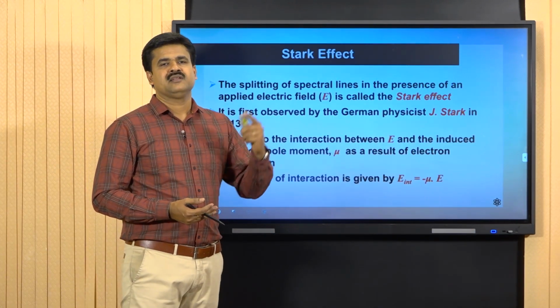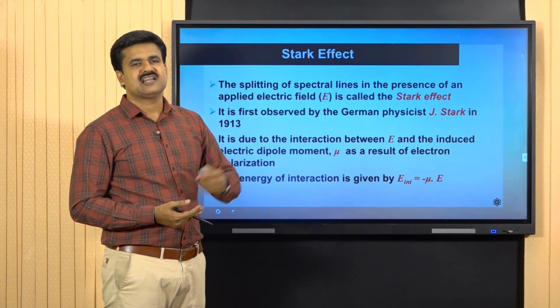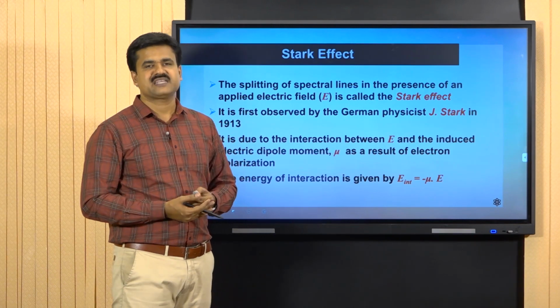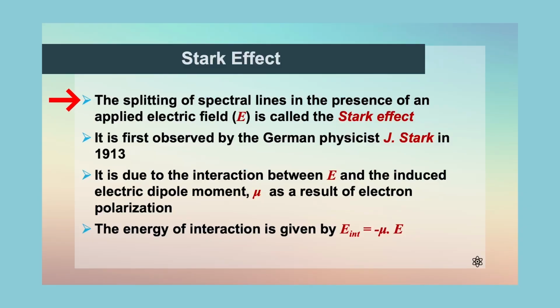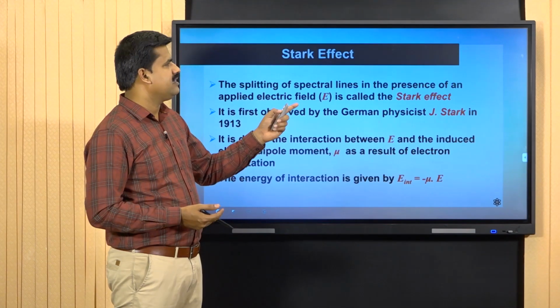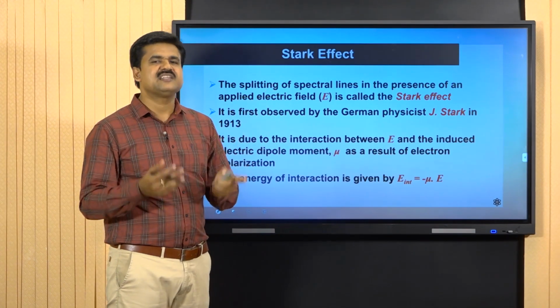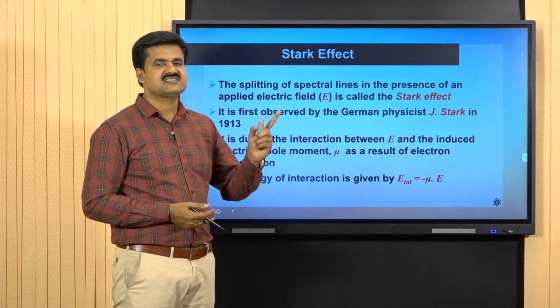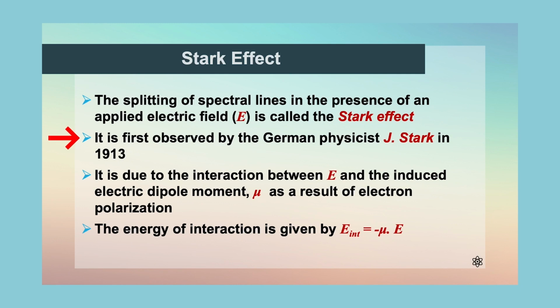Moving on to the final part of the discussion, that is the Stark effect. The Stark effect is the splitting of the spectral line under the influence of an external electric field. Let the electric field be E. The electric field causes the splitting of the spectral lines, which was discovered by the German physicist J. Stark, hence the name Stark effect.